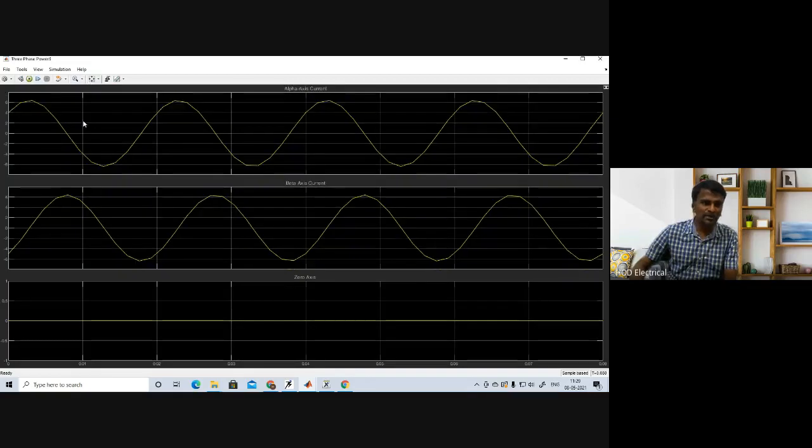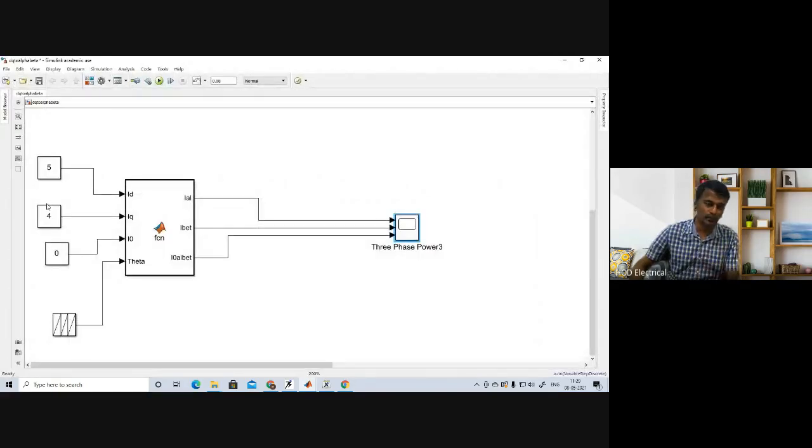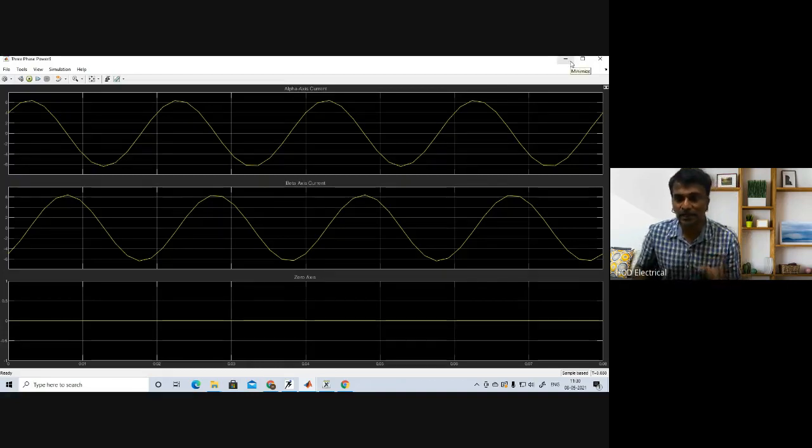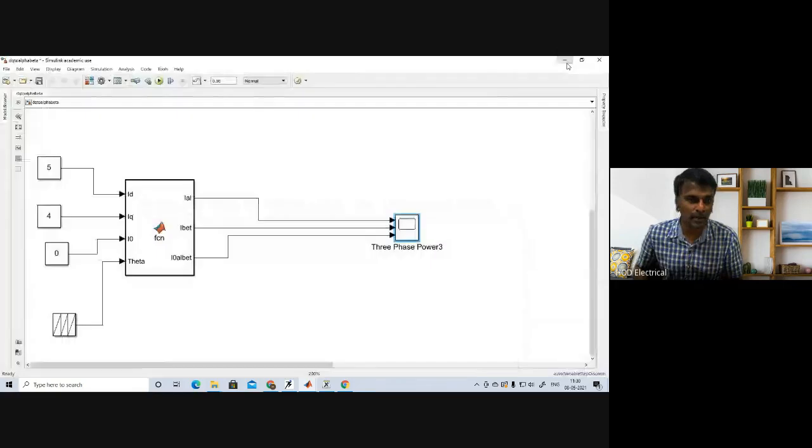Accordingly we have changes in the magnitude, for example 5 square plus 4 square, the square root of 5 square plus 4 square will be the magnitude. The resultant value is ID square plus IQ square, which is the resultant magnitude of this supply current. So in alpha beta, this magnitude will also change.